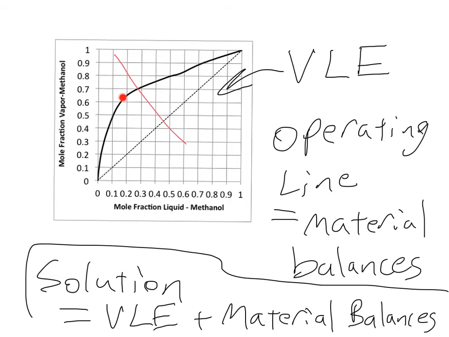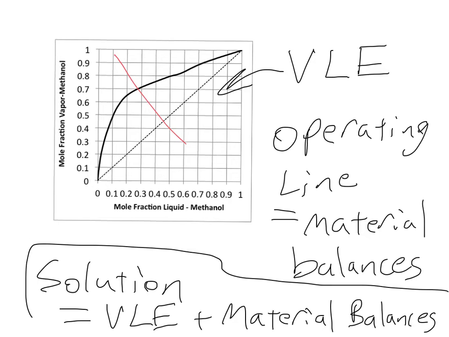So it's a straight line that represents the material balances, and where these two intersect with each other represents a solution where the vapor-liquid equilibrium constraints are satisfied and the material balance equations are satisfied.